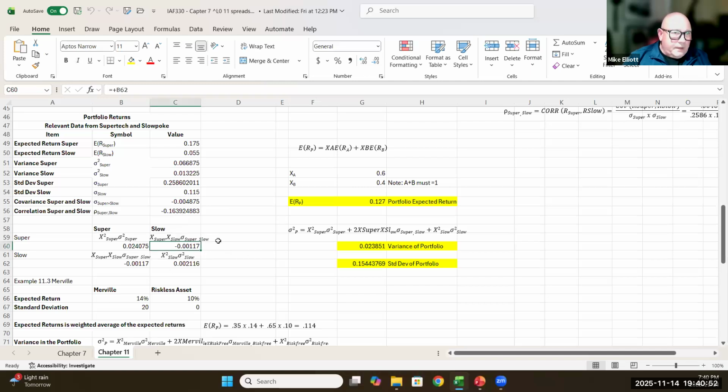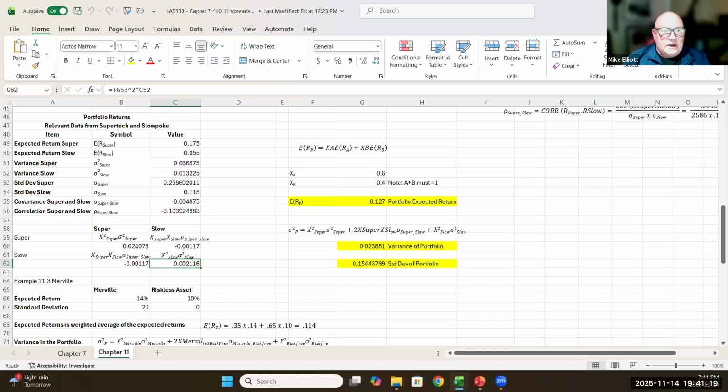Now, the variance for super against slow and the variance for slow against super are going to be the same. So we have 0.71, 175, 175. The variance for super against super is 0.24075, and the variance for slow against slow is 0.2116.